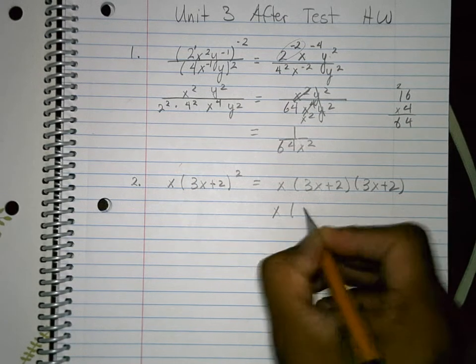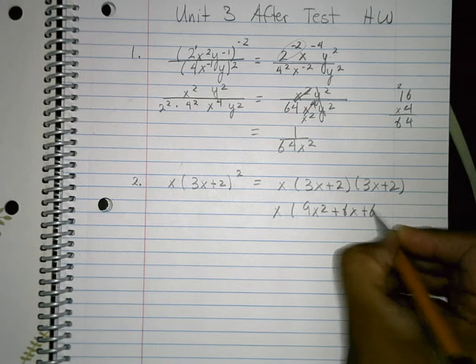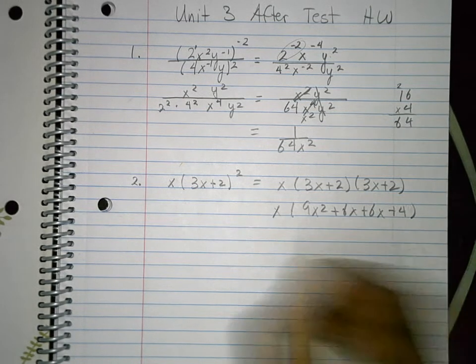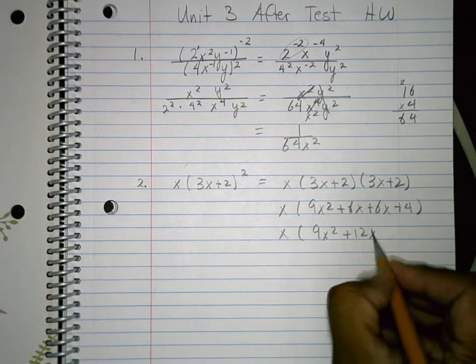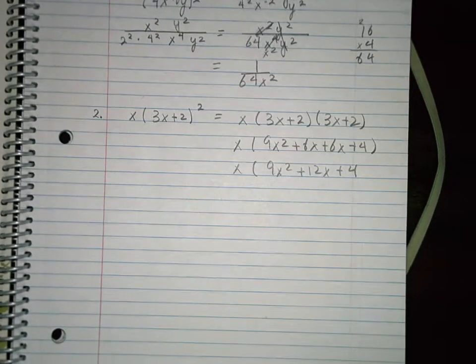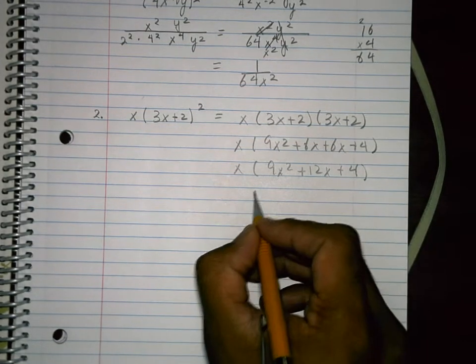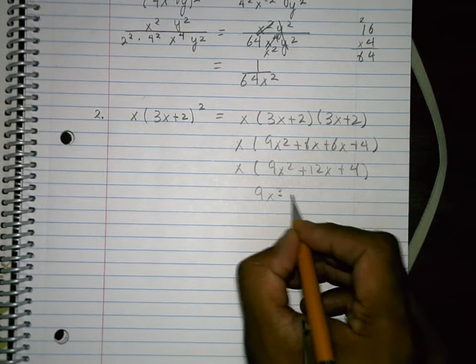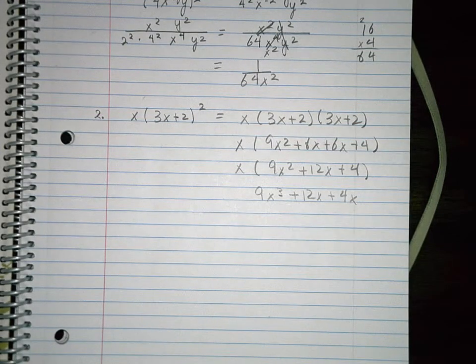So I'm looking at x times 9x squared plus 6x plus 6x plus 4. And then x times 9x squared plus 12x plus 4. And now I will distribute my x in. I'm looking at 9x to the 3rd plus 12x squared plus 4x.